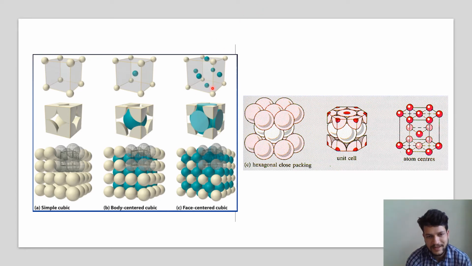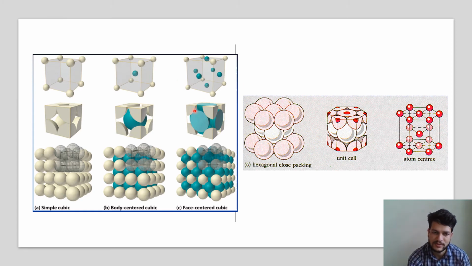And in the case of face-centered cubic, 8 atoms are placed in the corners, and atoms are also in the faces or sides of the cube. For example, if this is one side, and this is one side, one atom is embedded here, and one is embedded here.